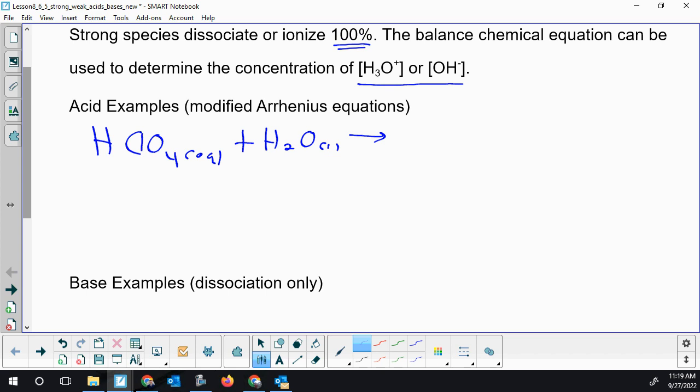So HClO4 is going to make hydronium ions. The H comes off the ClO4 and the charge goes from 0, which I didn't write. We don't write in charges of 0, but you have to realize it. You lose an H+, it drops to minus.